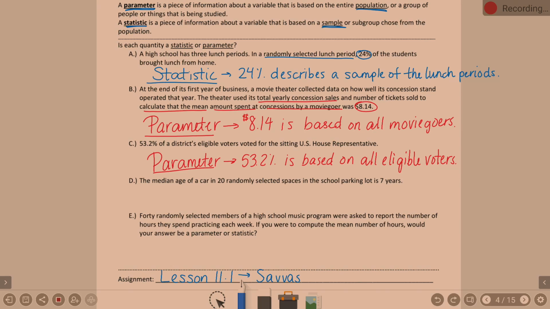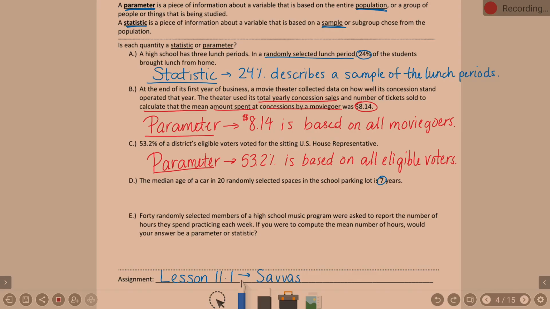Here's the deal, guys. Median age of a car in 20 randomly selected spaces. Random means it's a statistic. Is this everything? No, this is a portion. This is a sample. If it's coming from something that's randomly selected, that's a portion of the bigger population. The number we're talking about here is the 7 years, but that 7 years describes cars from randomly selected spots.